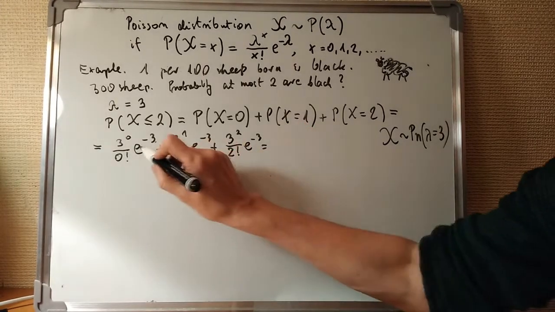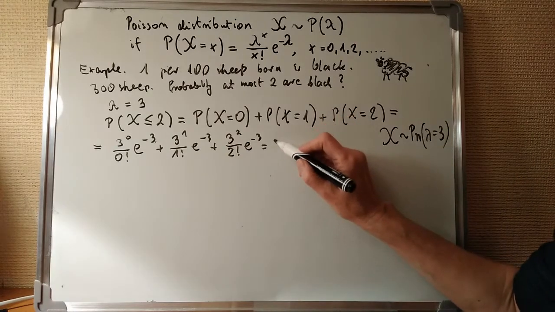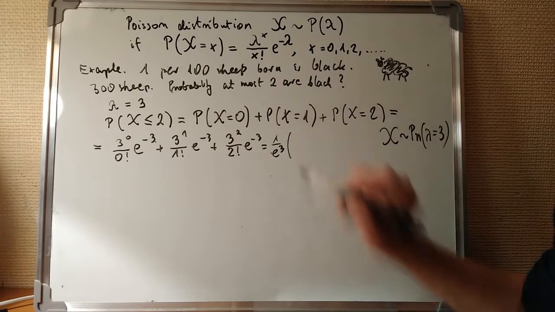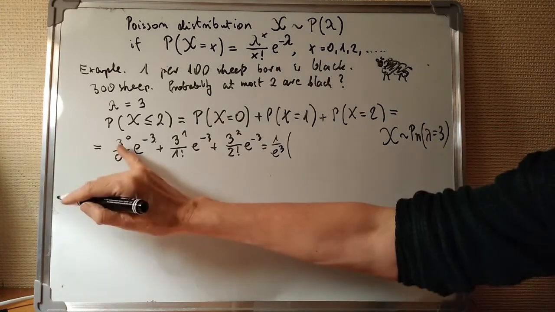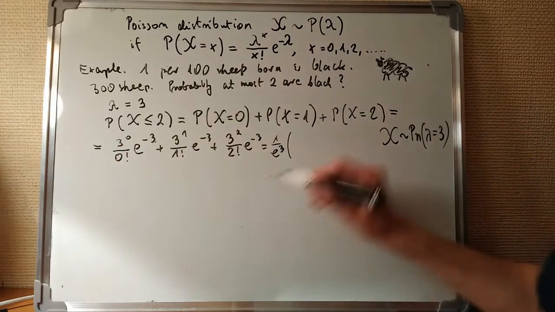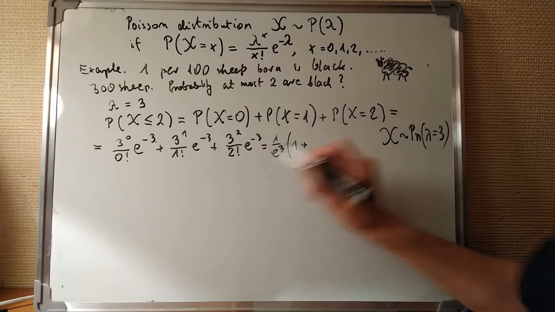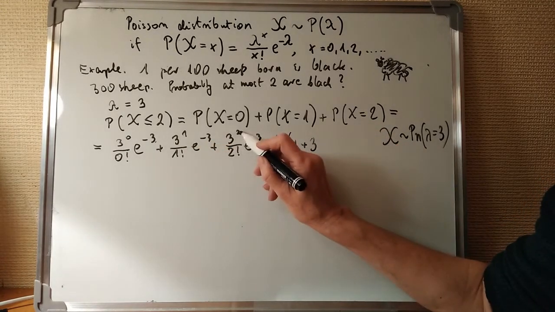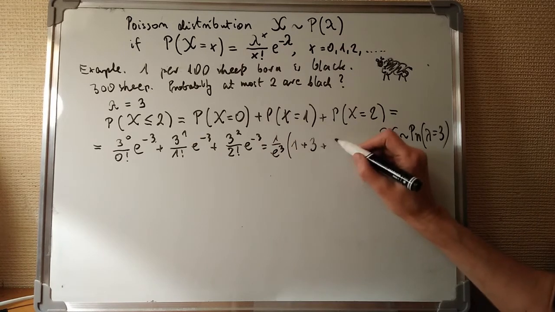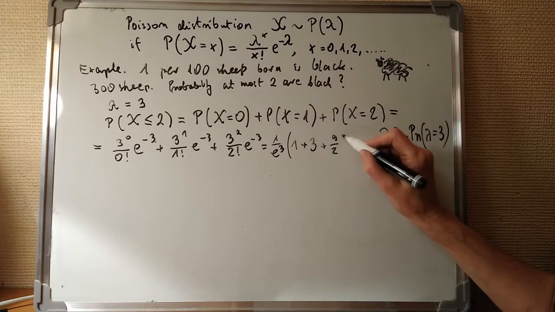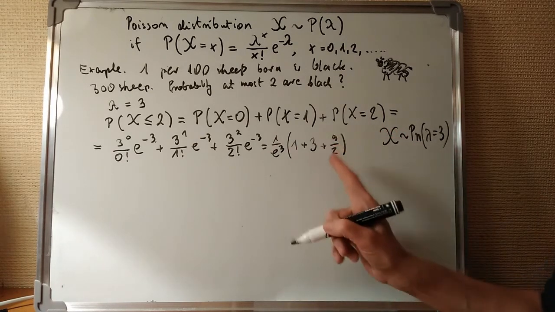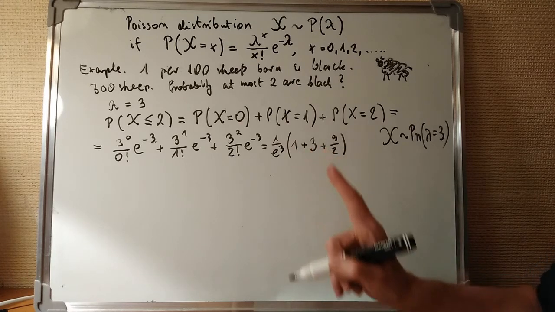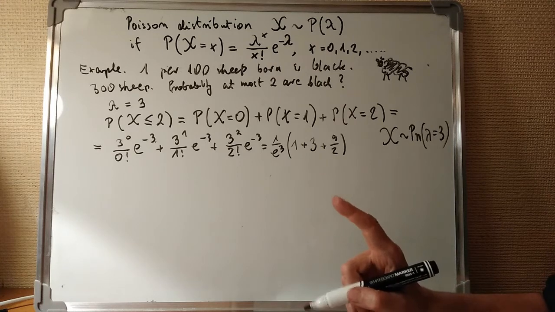E to minus 3 appears everywhere, so we can put it in front of the bracket as 1 over e to power 3. 3 to 0 is 1, and this is 1, so we have 1 plus 3 divided by 1, which is 3. This is 9 over 2, which is 4.5. So this is 4.5 plus 3 plus 1, which is 8.5.